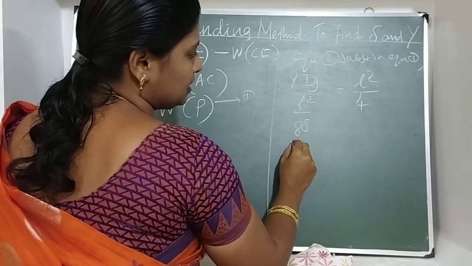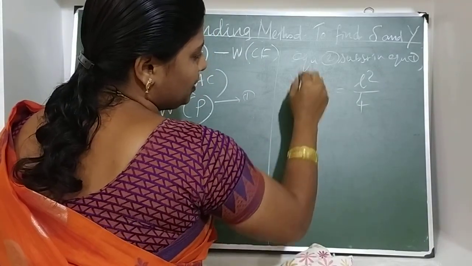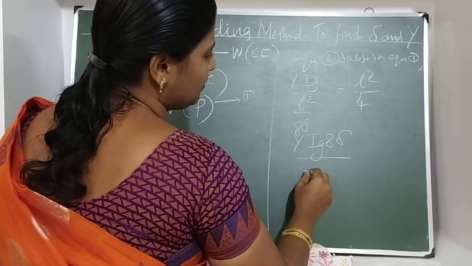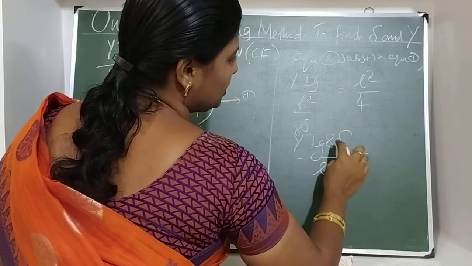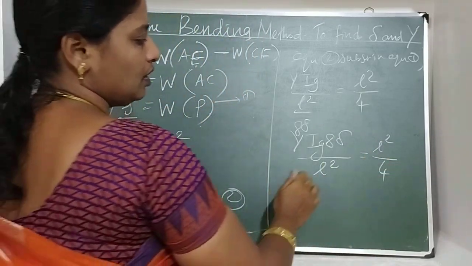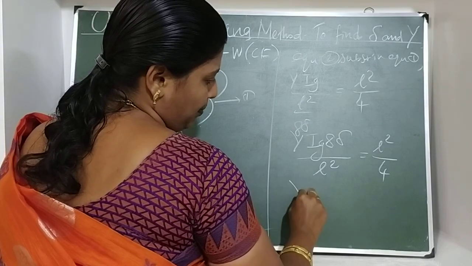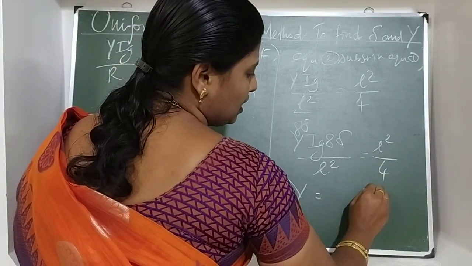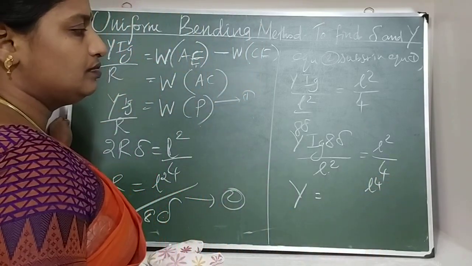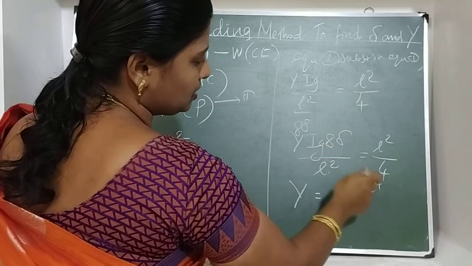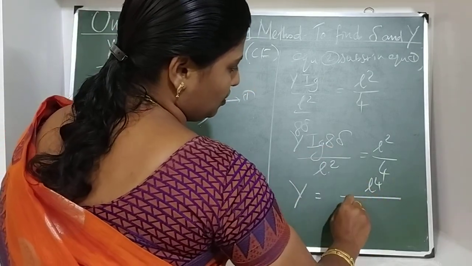Again simplify this term, 8 delta goes to the numerator. Y Ig 8 delta divided by L square equals L square by 4. And then capital Y equals L power 4, Ig, this was in the denominator.